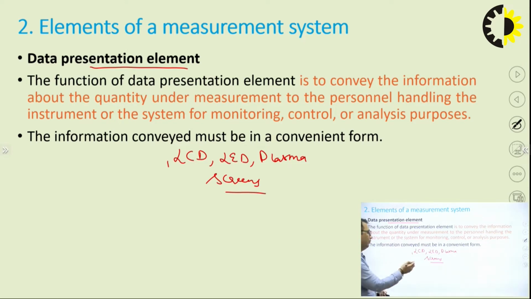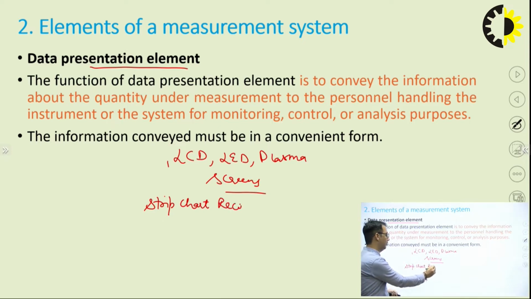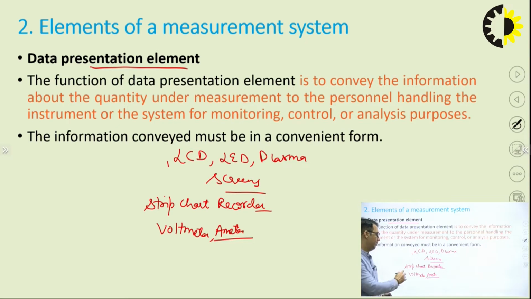If we want to record the data in graphical form, then we use strip chart recorders. Or like our voltmeter and ammeter, these give the reading in deflection of a needle. So this was about the elements of our basic measurement system.